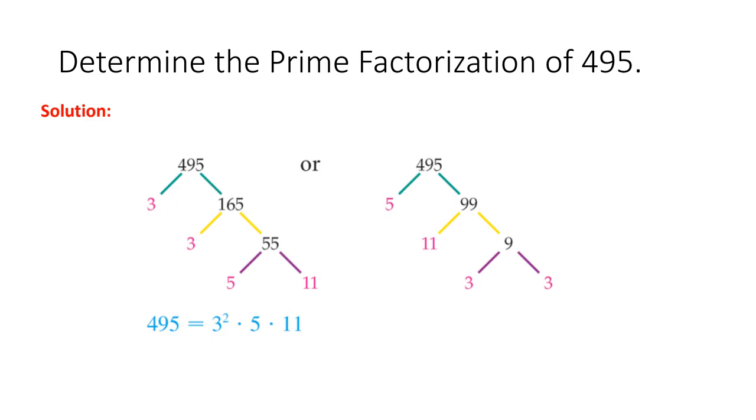The next number I would try is 3. It is divisible by 3 and you get 165. Then I continue: is this divisible by 3? The answer is yes, so I get a 3, and on the other side I put the result, 165 divided by 3 is 55.